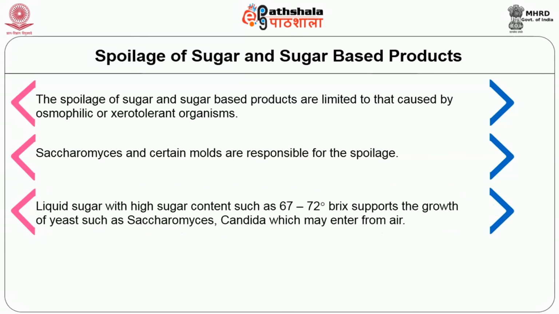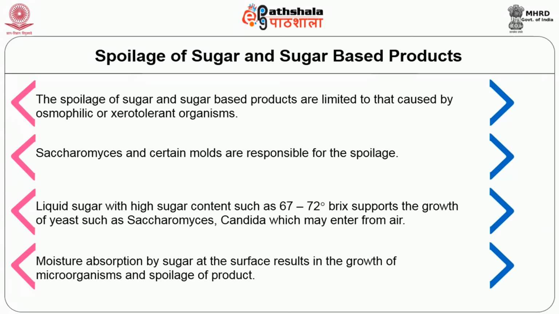Liquid sugar with high sugar content such as 67 to 72 degree Brix supports the growth of yeast such as Saccharomyces, Candida, which may enter from air. Moisture absorption by sugar at the surface results in the growth of microorganism and spoilage of product. Canned molasses or syrup is subjected to spoilage by osmophilic yeast that survive the heat process.